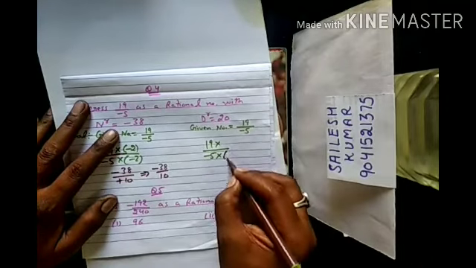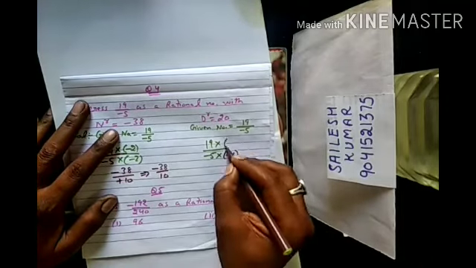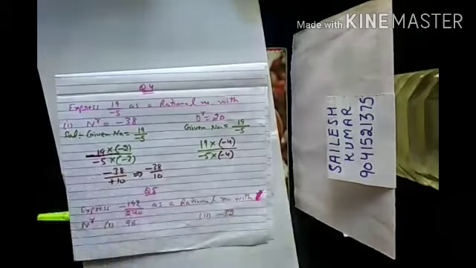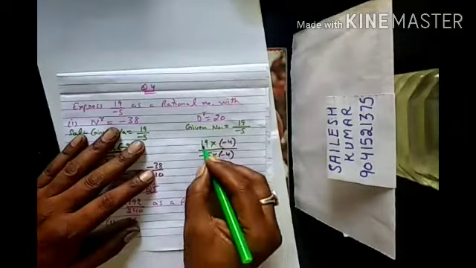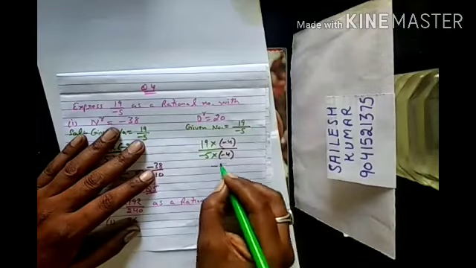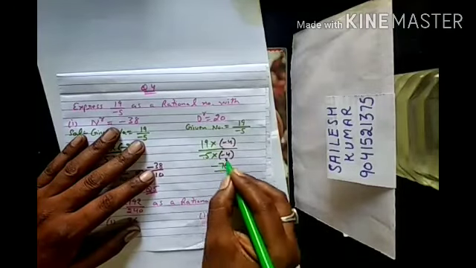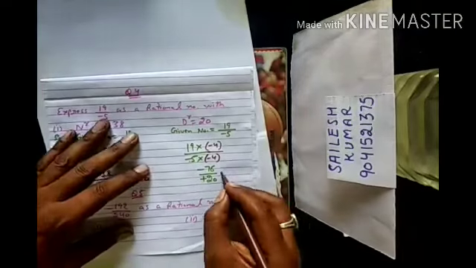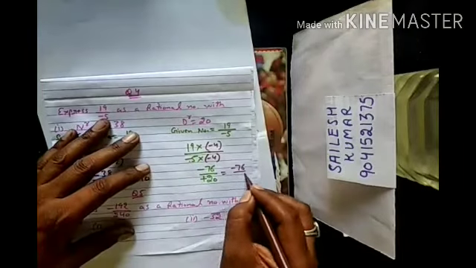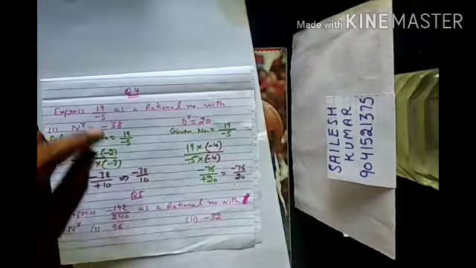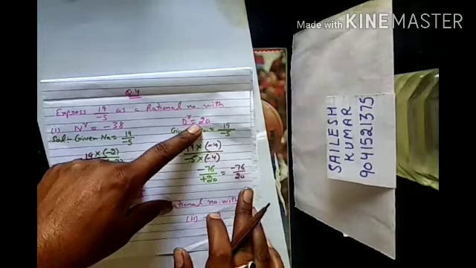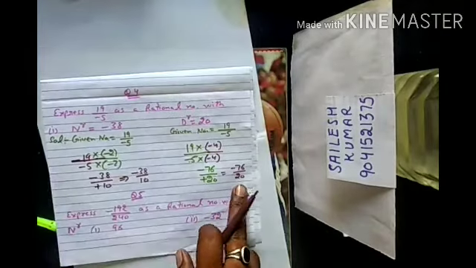Therefore I will have to multiply with minus 4, up and down. 19 multiplied by minus 4, that is minus 76, and minus into minus, that is plus 20. So the answer is minus 76 over 20. As you see, the required denominator we need is here. So the answer is there.